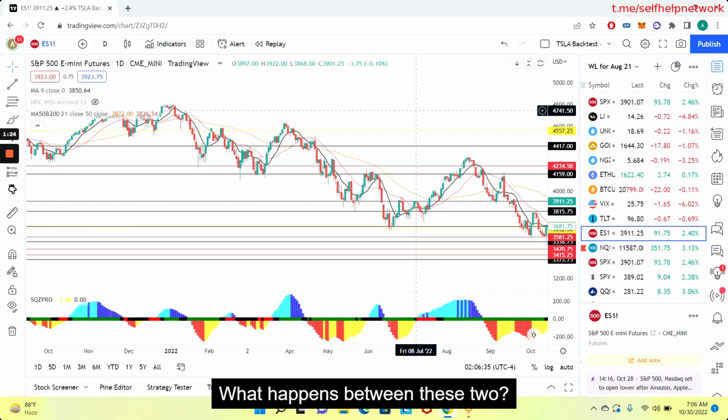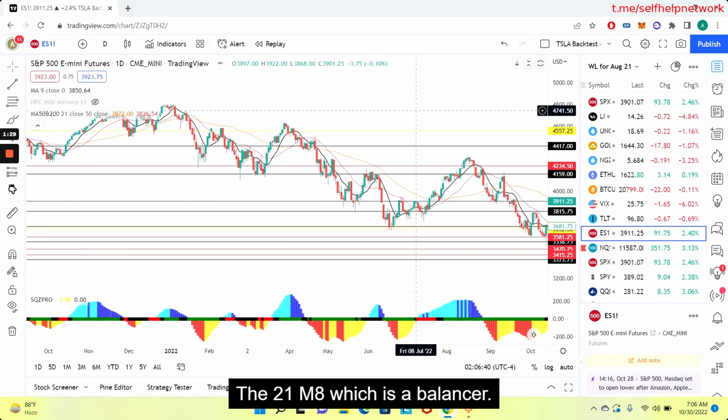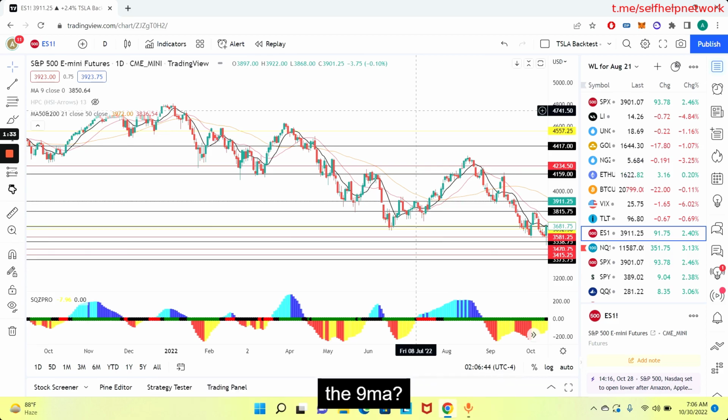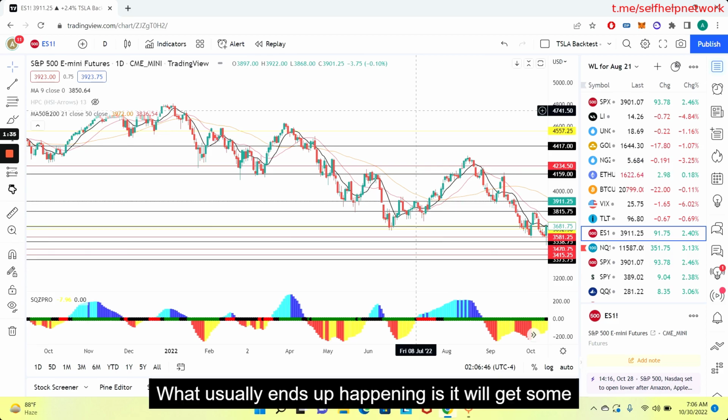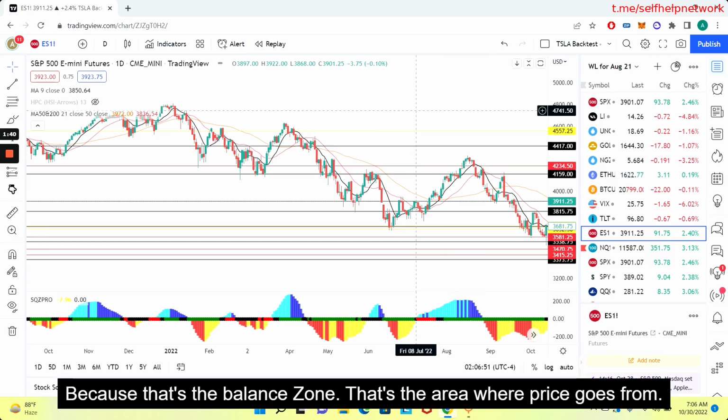What happens between these two is the 21 MA, which is a balance zone. So when price ends up falling below the 9 MA, what usually ends up happening is it will get some form of reaction from the 21 MA, because that's the balance zone.